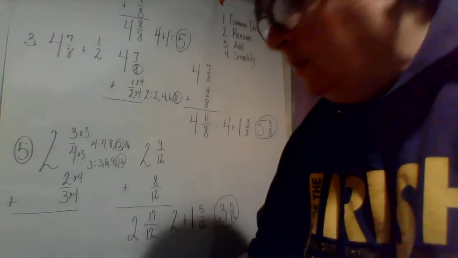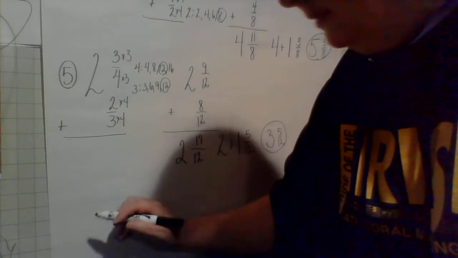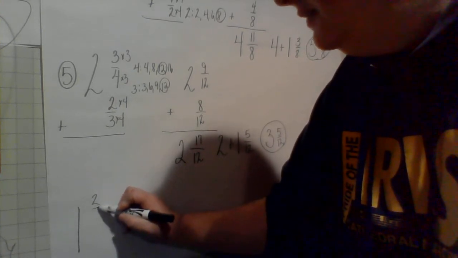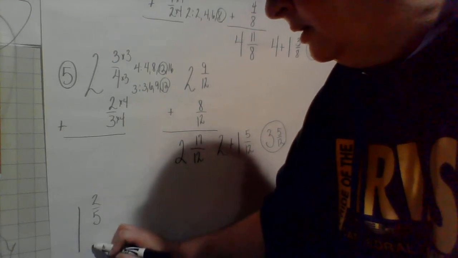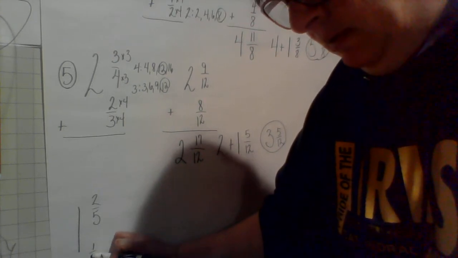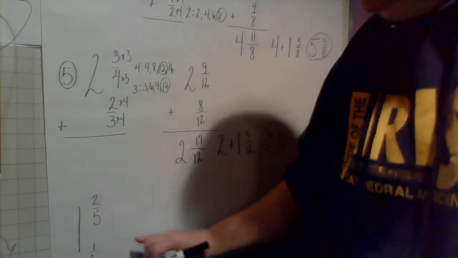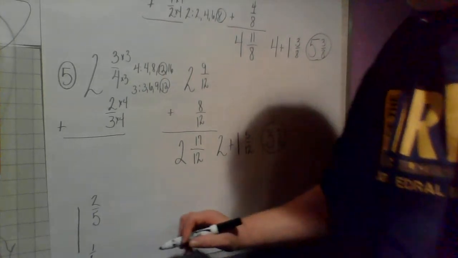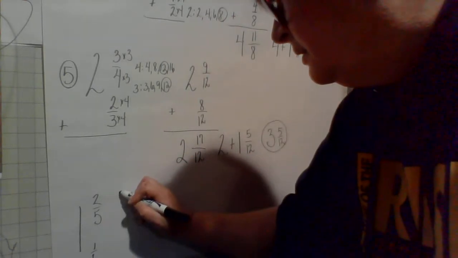Okay, last one, number 7. We have 1 and 2/5 plus 1 and 1/2. Alright, so we do not have common denominators, so let's find out what the common denominator is.